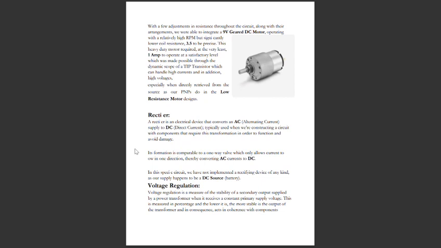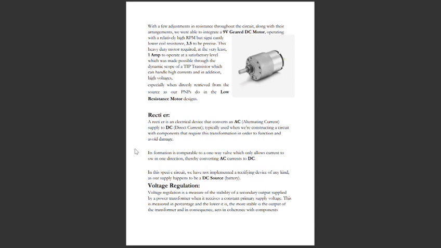We explain this now: rectifiers, the working of rectifiers. The rectifier is an electrical device that converts AC into DC, typically used when you are constructing a circuit with components that require this transformation in order to function and avoid damage.